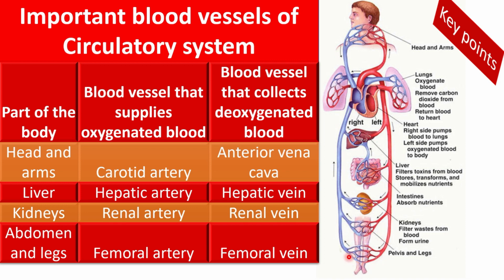The femoral vein collects deoxygenated blood from the lower part of our body and brings it to the heart. So these are all the important arteries and veins that supply oxygen to different parts of the body, as well as collect deoxygenated blood from different parts of the body and bring it to the heart.